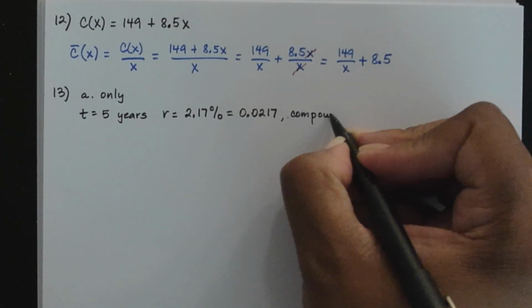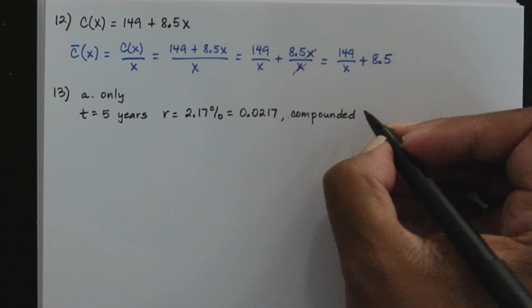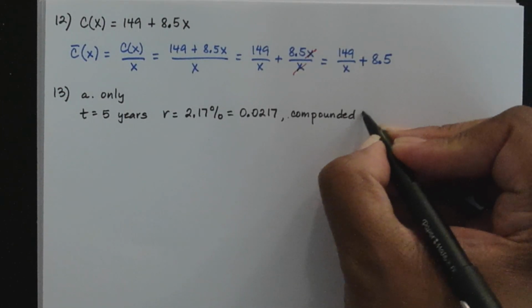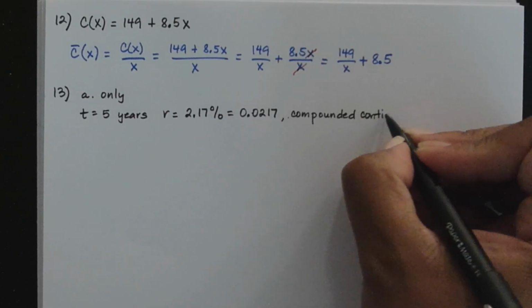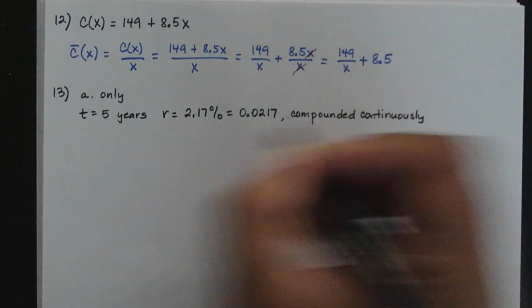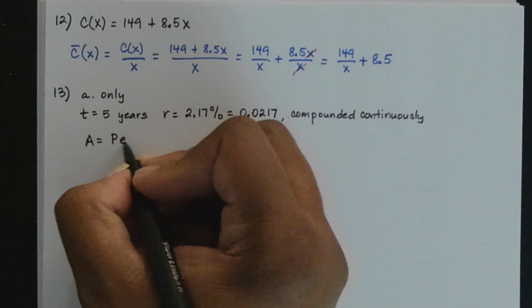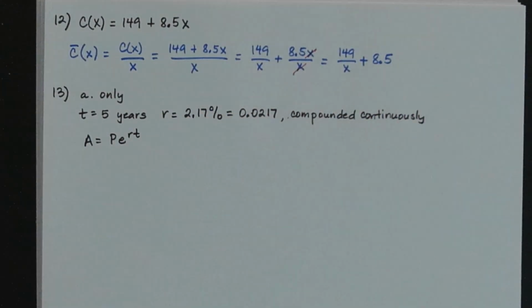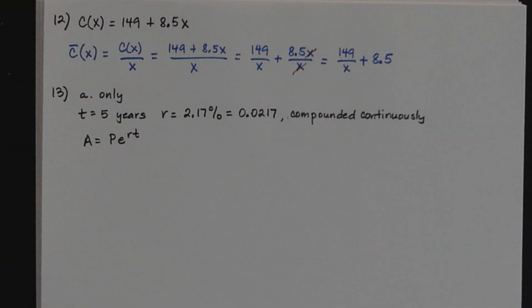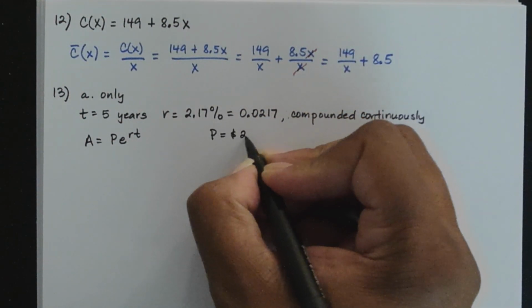So our formula that we're going to be using is a little bit different than the one that we used in problem number 2, I believe. Yes. A is equal to P times e to the rt. And we're told that $20,000 is invested in this CD, so that means our principal is $20,000.